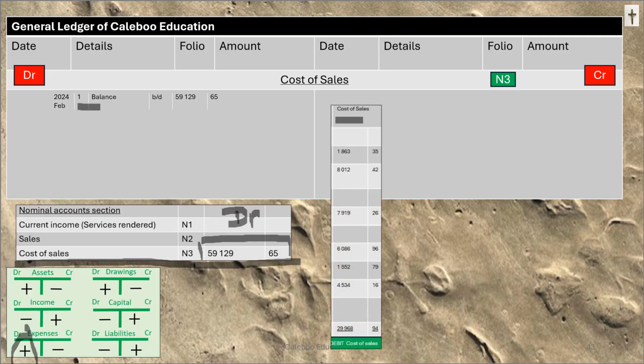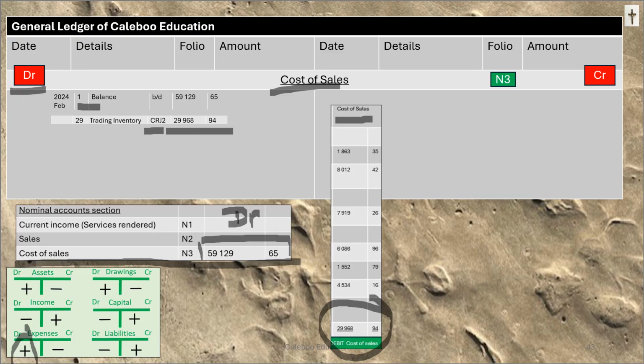And this here is an extract or a screenshot from the cost of sales column in the cash receipts journal, and the total will get posted to cost of sales, and cost of sales will get debited as it is an increase in expense, and therefore on the debit side of cost of sales we got 29,968 and 94. That came from the cash book receipts journal, the cash receipts journal.